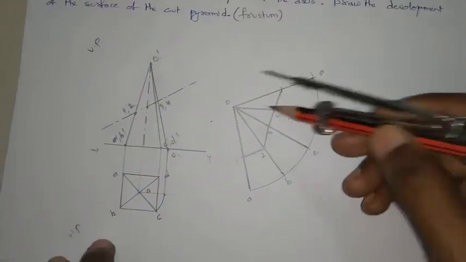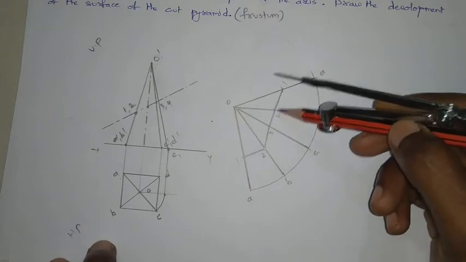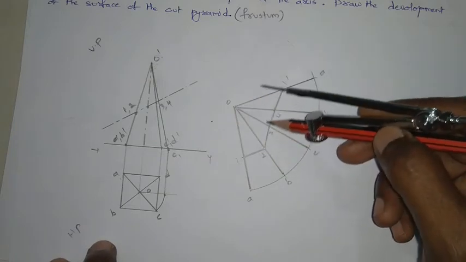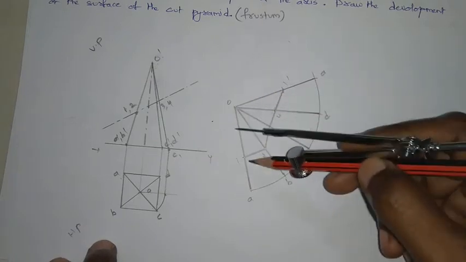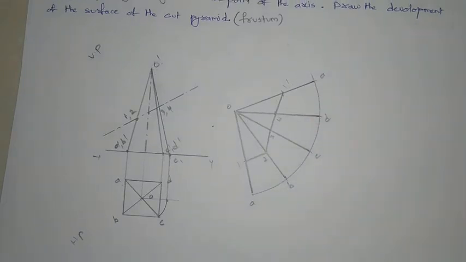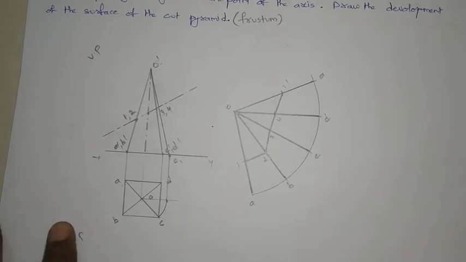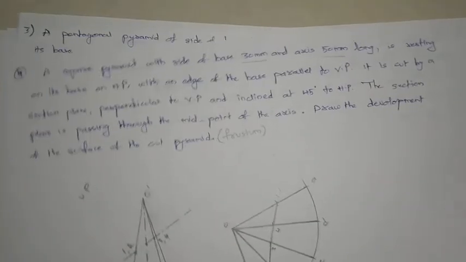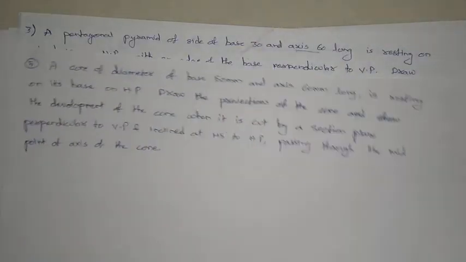Now if you observe this O, 1, 2, 3, 4, 1, O, this is the portion which is removed after cutting, and this is the bottom portion which is going to remain. So this is the solution for the second problem.